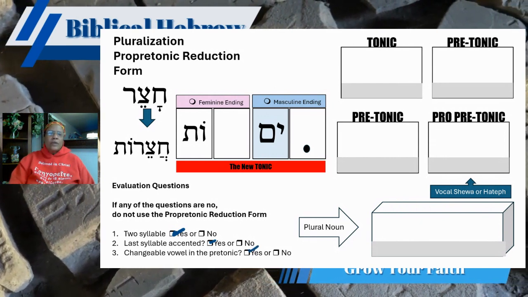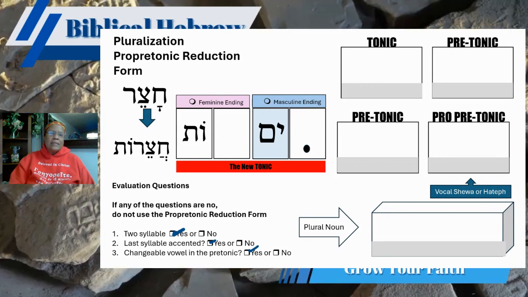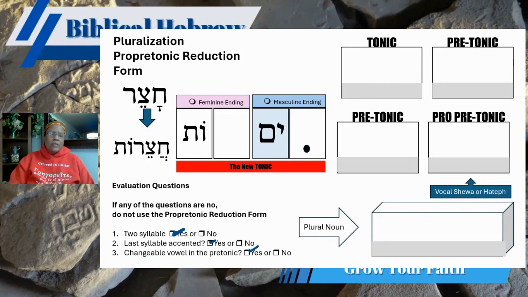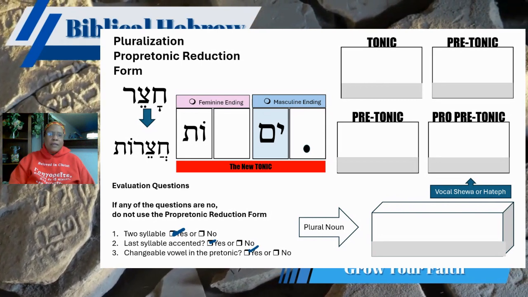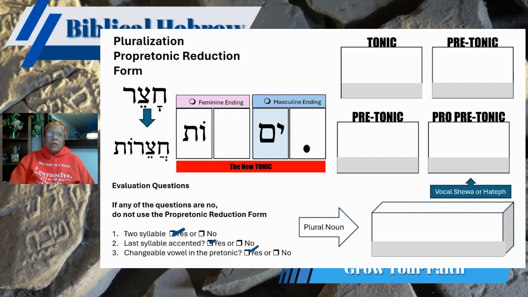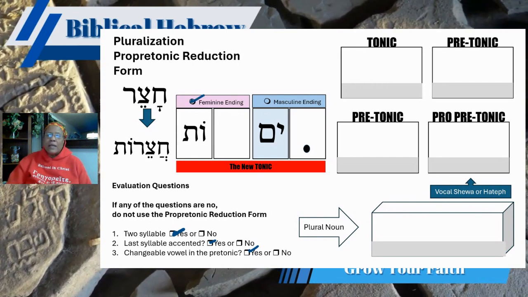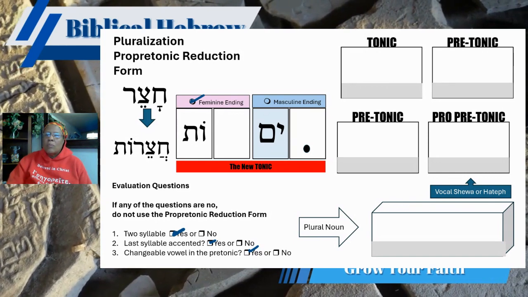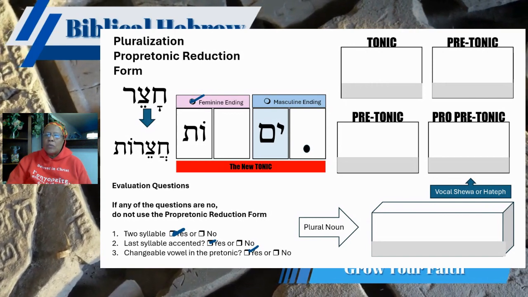We also need to figure out whether this masculine noun is going to take a feminine ending, and it will. So we're going to choose the feminine ending there. Always remember looking at your lexicon to make sure that you are properly understanding the gender of the word.